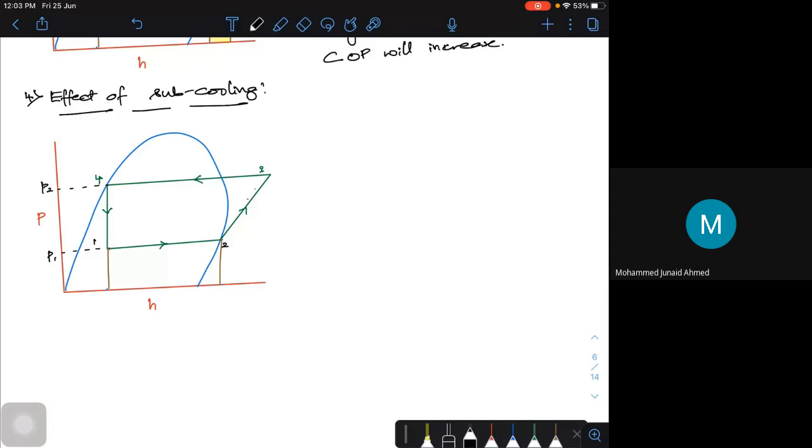So I'm going to move in this direction and come to this particular point. Here, this is my 4 dash and this is my 1 dash, and I'm going to get an increase in refrigerating effect like this.